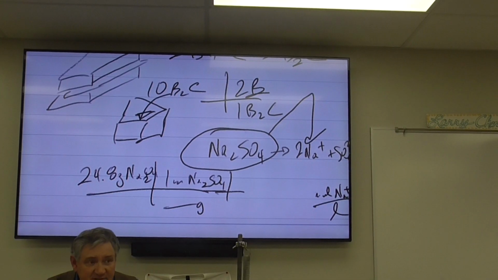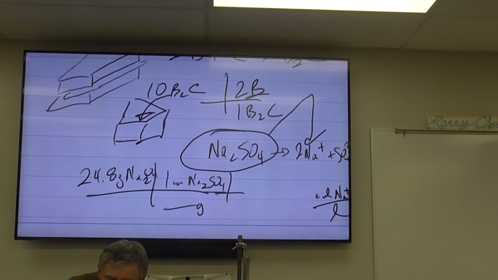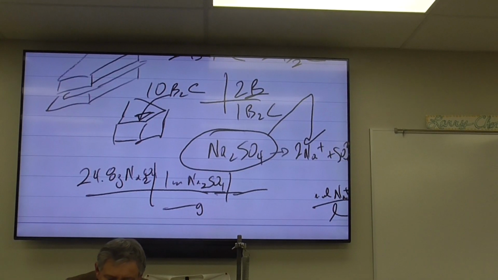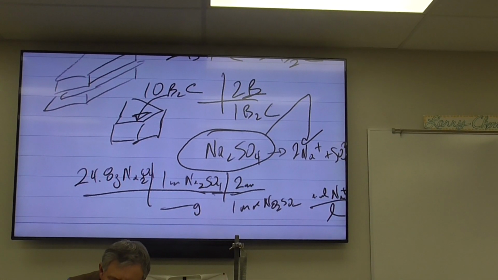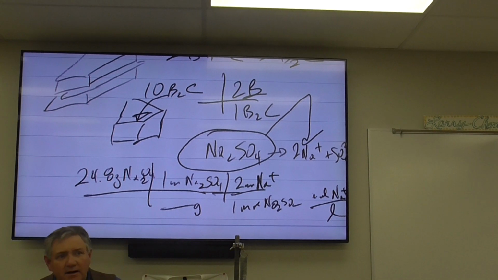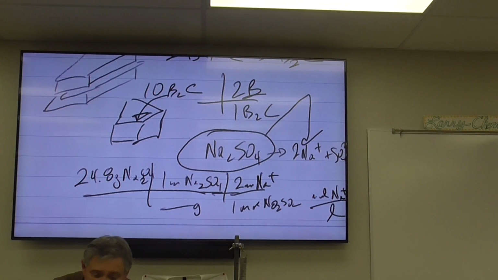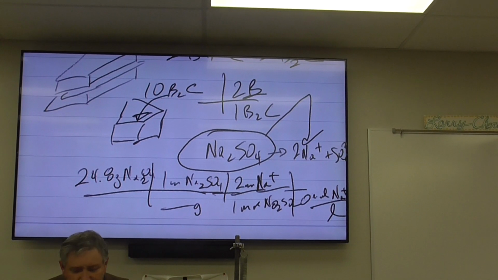At the end of the day, this is what you have to find, because this is how molarity is defined. So, if you stop right now, you have moles of sodium sulfate. But I know that for every 1 mole of sodium sulfate, I'm going to get 2 moles of sodium ions. That's where the stoic becomes part of this equation. Then, at the end, I just divide by however many liters that I have.